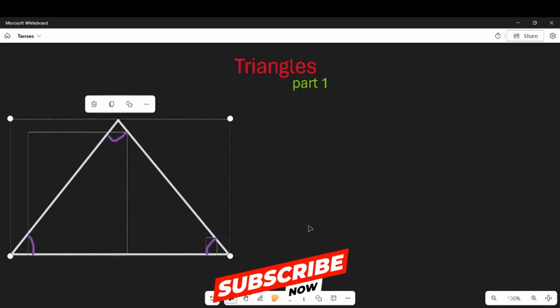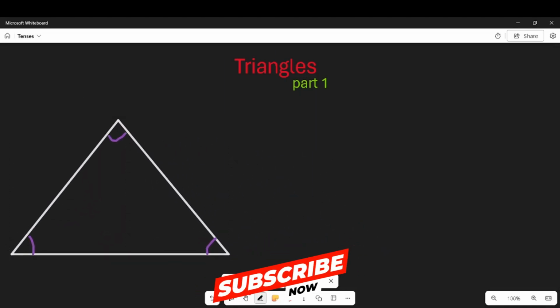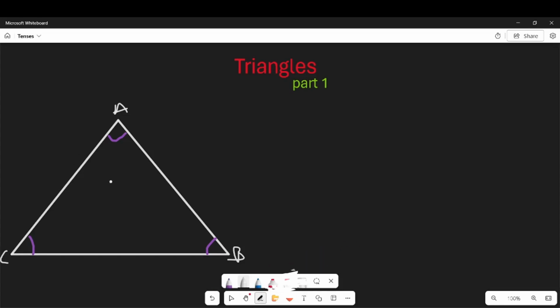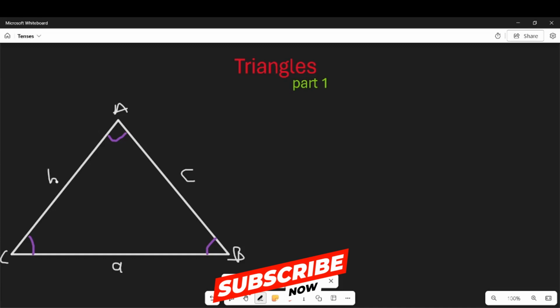I'll put this triangle a bit aside. Okay, now let's write it in terms. I'll name this triangle A, B, C. Now, when we are naming triangles, let's make sure that the side opposite this point A is small a, opposite this point C is small c, and opposite this point is this line, and that would be small b.